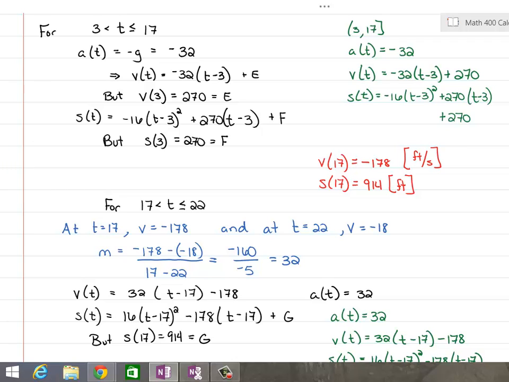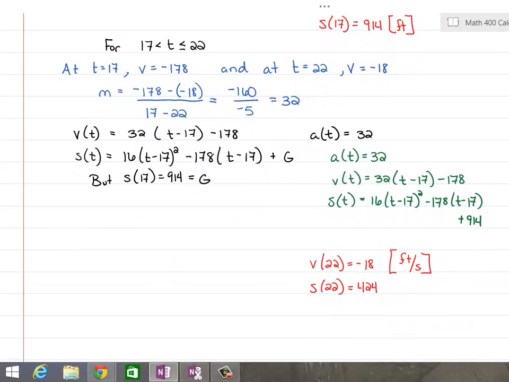Negative 16 times 14 squared plus 270 times 14 plus 270. 914. Okay, good. I was just making sure I didn't make a mistake. I didn't. Okay, so 16 times 5 squared minus 178 times 5 plus 914. Okay, that's all correct. Good. Just double checking my work. Always good to do.